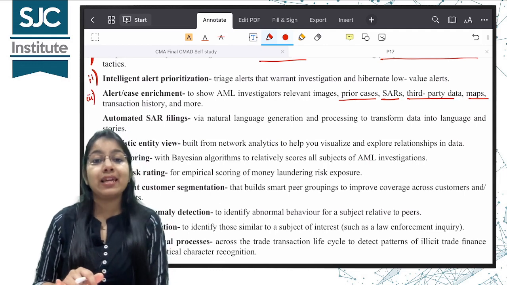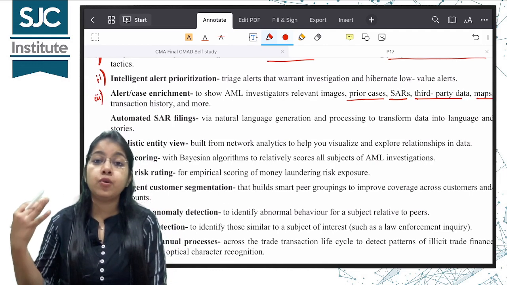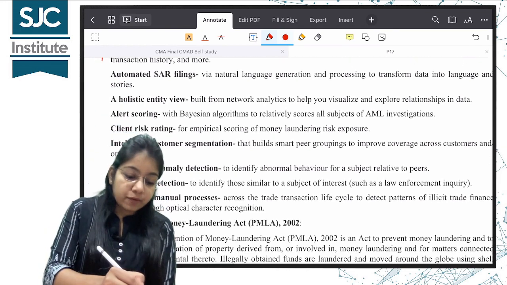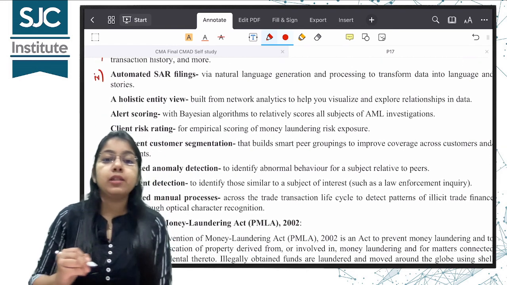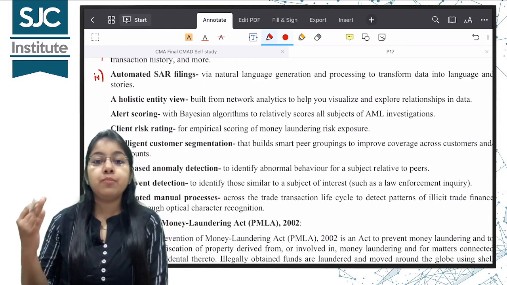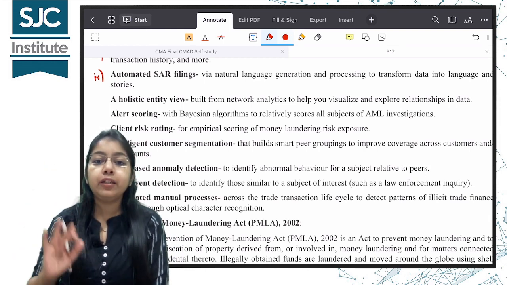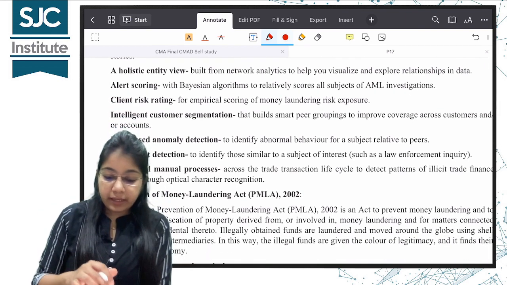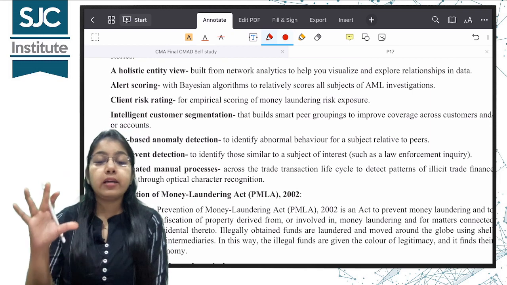This is case enrichment: how to add value to the case through technology. Then automated SAR filings for compliance requirements, where suspicious activity reports can be automatically filed with the regulatory agencies. Then viewing the entity as a whole, doing network analysis.